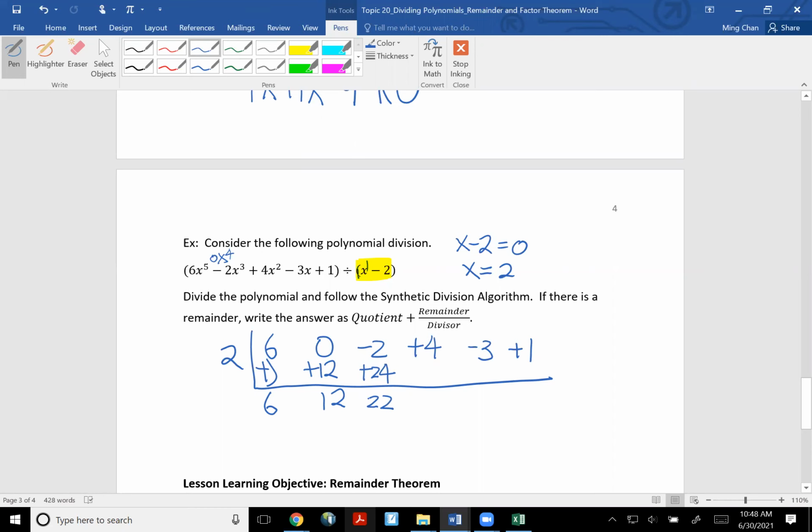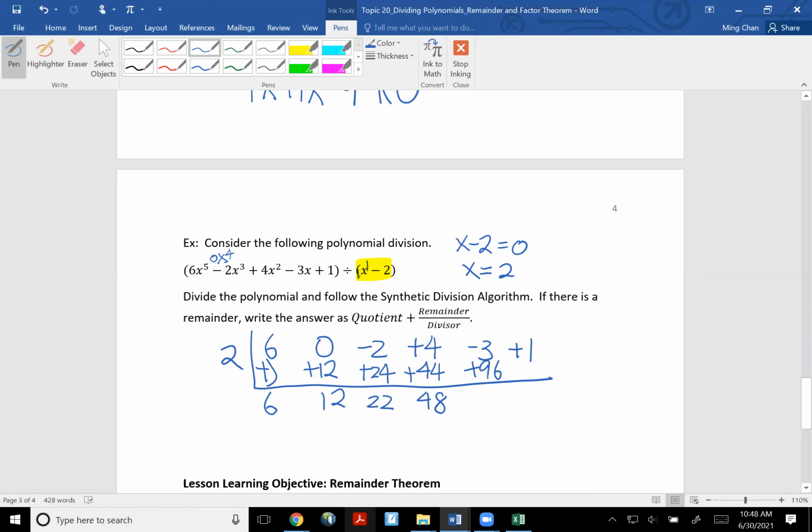All right, once you write the quotient, you multiply again. 2 times 22 is 44. We add. 4 plus 44 is 48. All right, keep going. 2 times 48 is 96. Put it below the next term. We add.